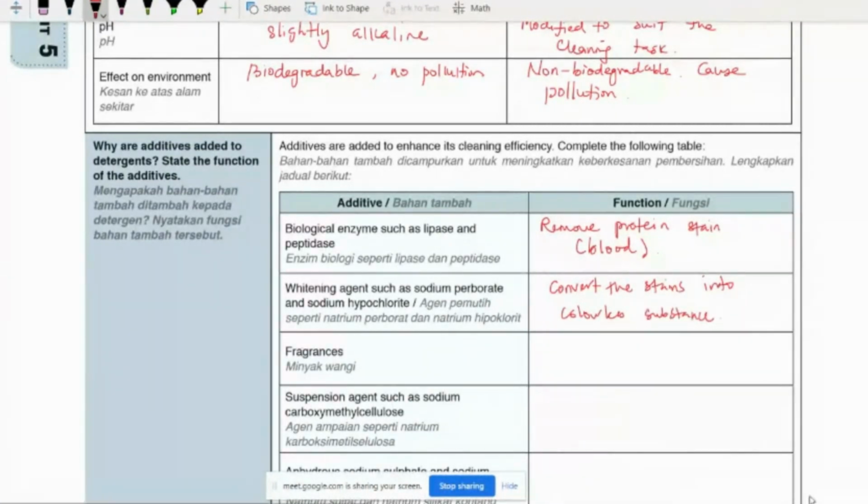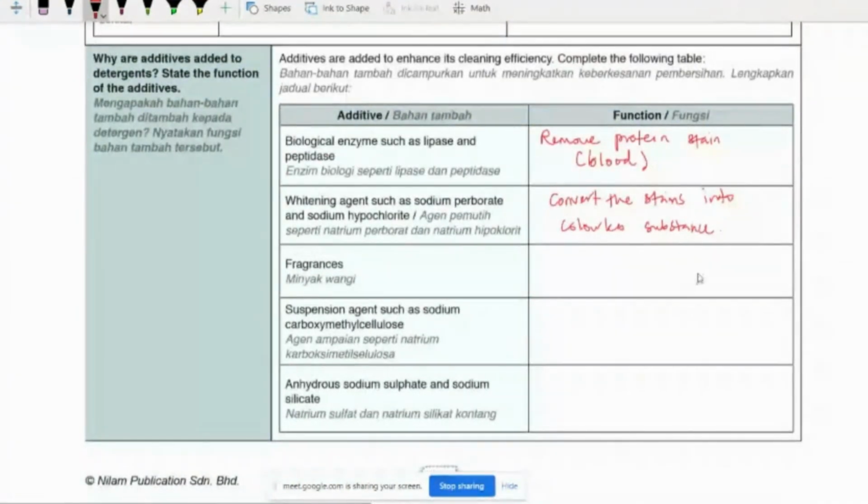Especially your uniform, white color. Sometimes if there are some stains, you need to remove them. Normally we'll use the detergent with addition of whitening agent.